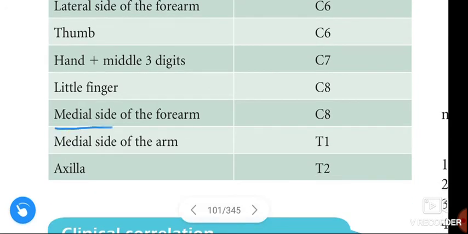Next, medial side of the forearm C8, medial side of the arm T1, and axilla T2.